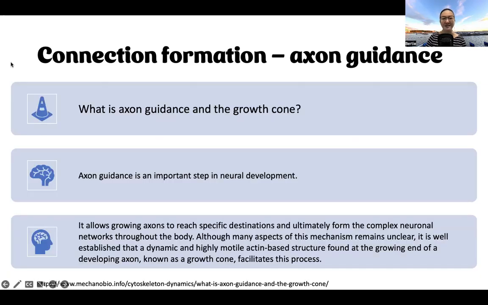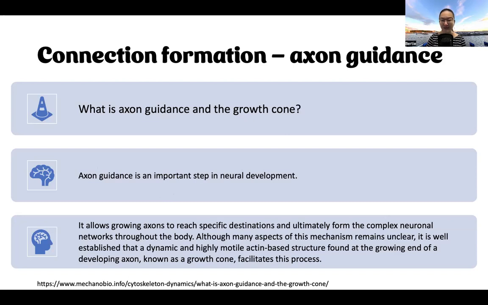Connection formation, axon guidance. What is axon guidance and the growth cone? Axon guidance is an important step in neural development. It allows growing axons to reach specific destinations and ultimately form the complex neuronal networks throughout the body.